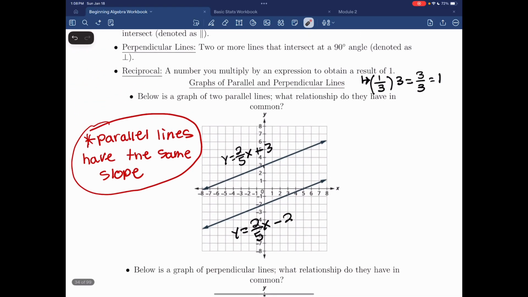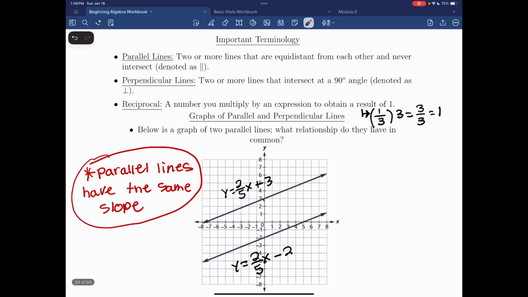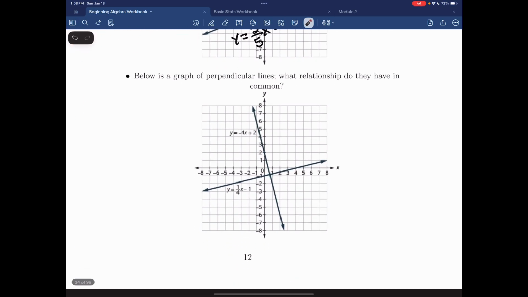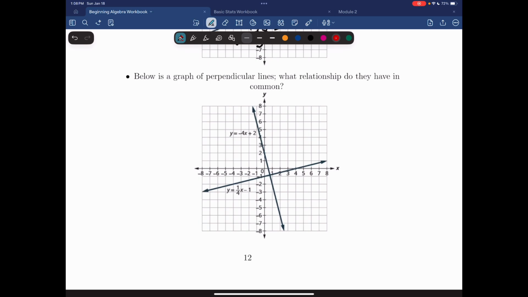So this is where this vocab word reciprocal becomes very important in this section, because 4 is the reciprocal of 1/4. Because if you multiply 4 by 1/4, you get 1. So we have a positive and negative slope, and both these slopes are reciprocals of each other. So that's the rule of perpendicular lines specifically.